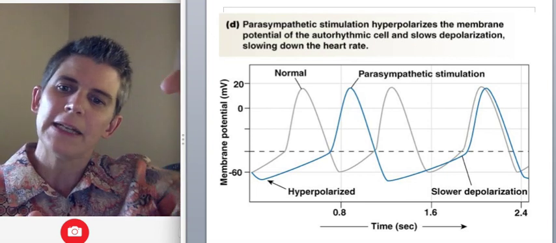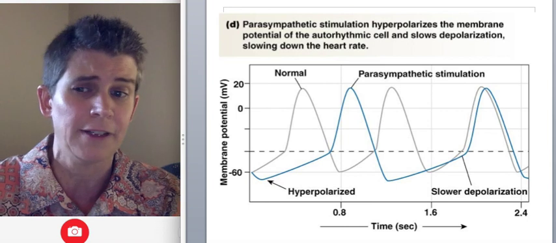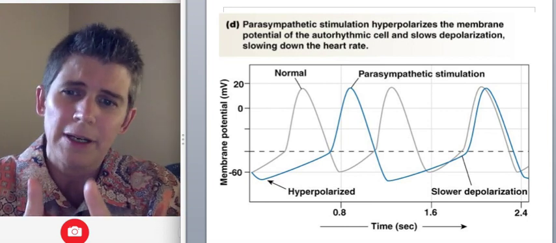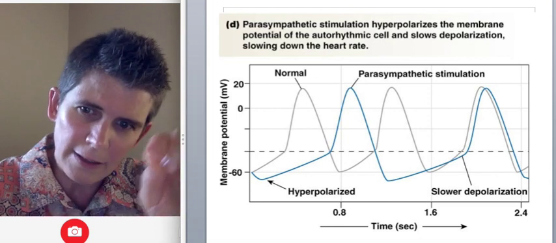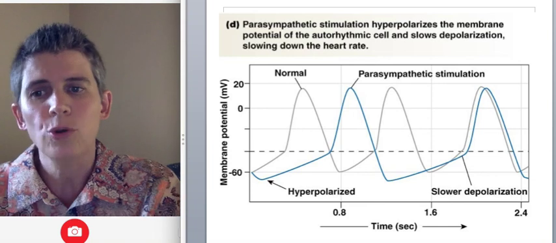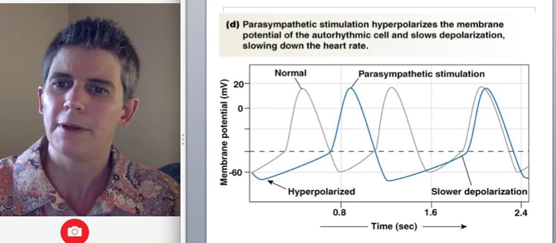So the heartbeat itself, the depolarization of those cells itself is not affected, but rather the time between beats, the time that is needed for that funny channel depolarization to threshold is made shorter by the sympathetic nervous system and longer by the parasympathetic nervous system.